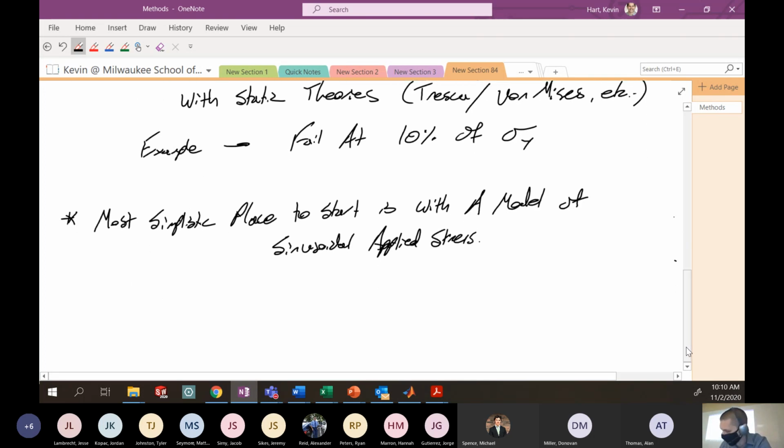Okay, so that's what we're going to start with. And we'll build on a simple sinusoidal applied stress as we make our way through these fatigue notes.